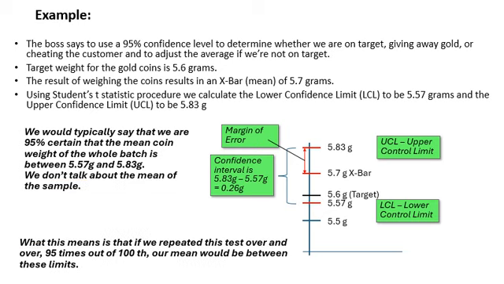I think you get the idea. This is what the company desired, but in reality we can't deal with every part of the entire batch, so we take a sample. We calculate the confidence interval with a very small amount of error and get a range with an upper and lower limit.